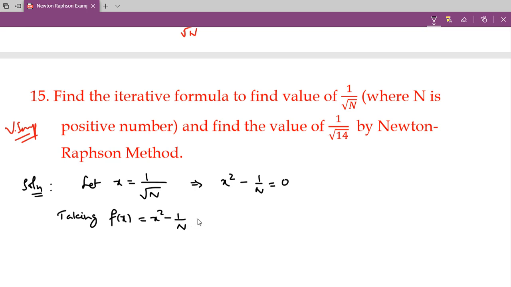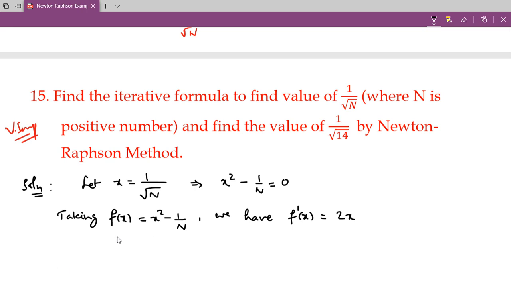So we have f dash of x: the differentiation of x square is 2x, and the differentiation of 1 by n, which is a constant, is 0.